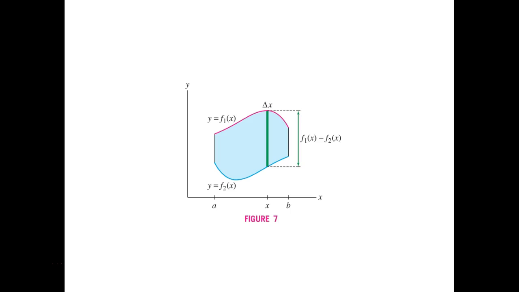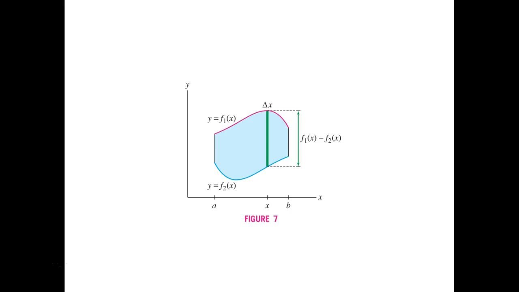Your only two boundaries that vary are your top and bottom, okay? Well, this is just basically like we had before, except for the fact the length is the difference between f1 of x and f2 of x.